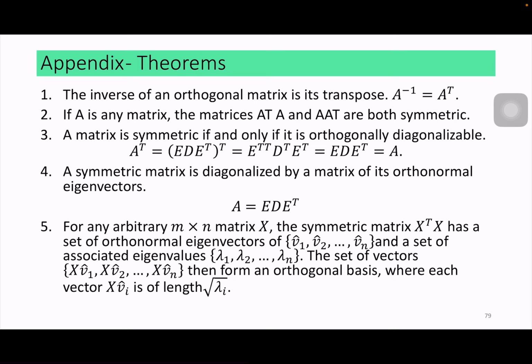So A transpose is equal to A. A symmetric matrix is diagonalizable by a matrix of orthonormal eigenvectors, so A equals E D E transpose. And for any arbitrary m times n matrix X, the symmetric matrix X transpose X has a set of orthonormal eigenvectors and a set of associated eigenvalues. These vectors then form an orthogonal basis, with the vectors of length square root of lambda.